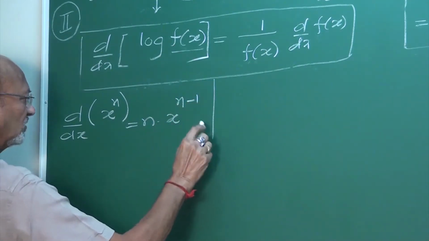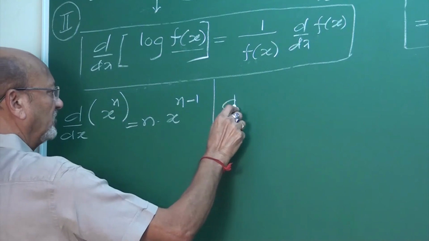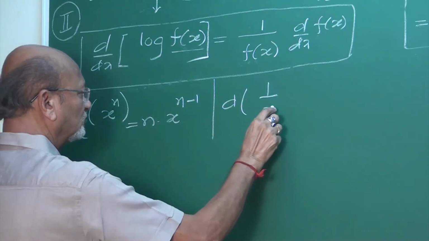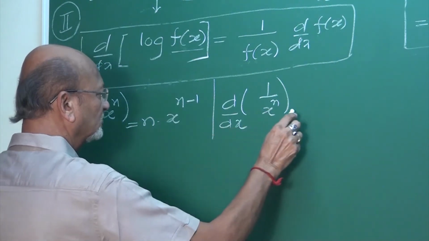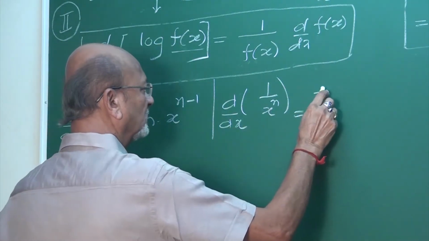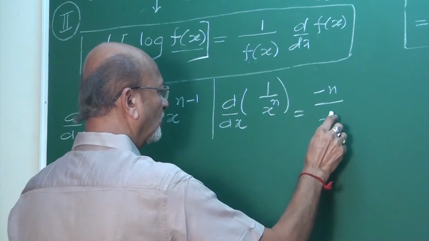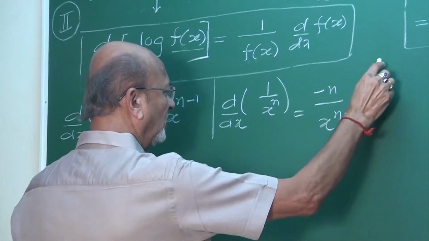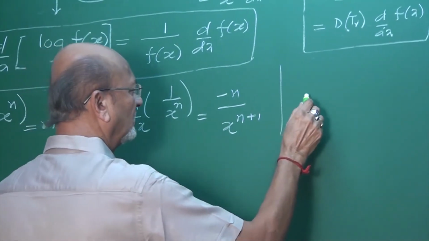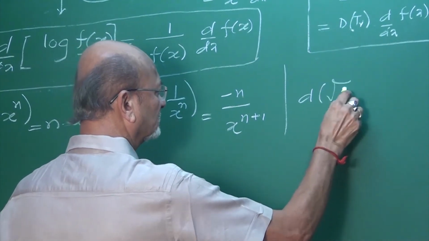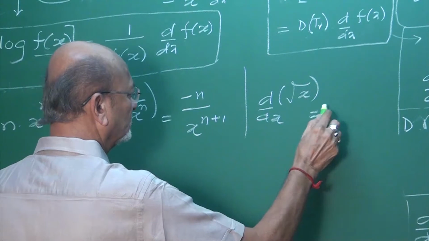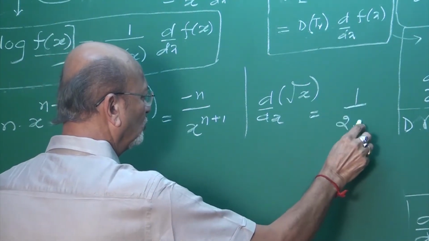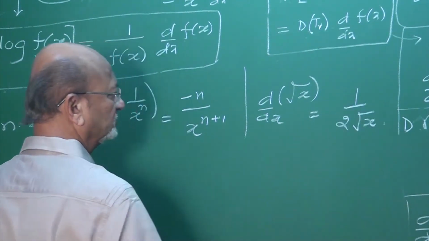Next, the derivative of 1 upon x to the power n with respect to x is minus n upon x to the power 1 more, n plus 1. What is next? The derivative of root x with respect to x is 1 by 2 root x.